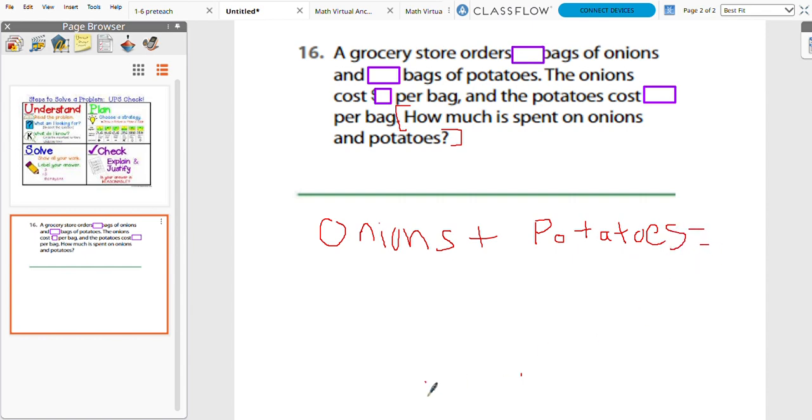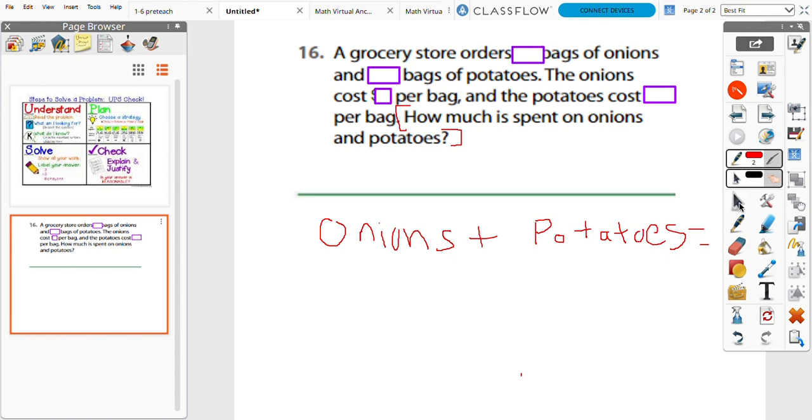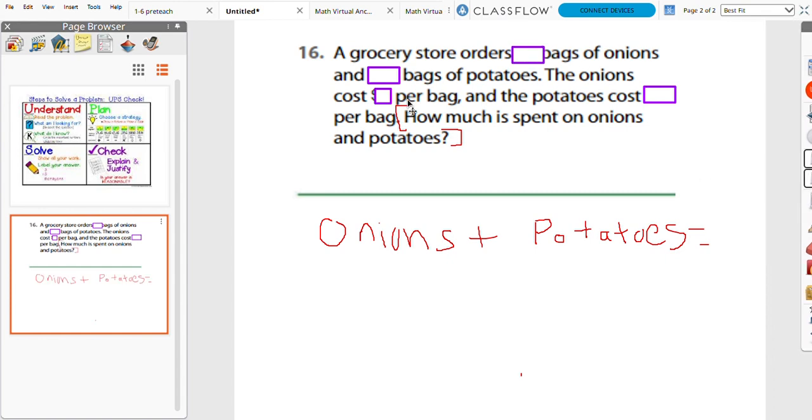So now I think we need to consider how much onions cost, how much potatoes cost. Looking at this, they give me a lot of numbers. They give me how many bags we have and how much this cost per bag. And remember, when we see that word per, we're thinking again, this is one of those unit rate questions. So we have to think of multiplication.